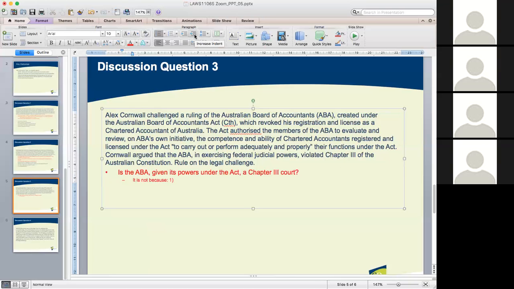Is it an actual controversy? And are they able to give a final binding decision? I'm not sure whether that's the case or not. But mainly, is it an actual controversy, or is it because the board made a decision in the first place, so it was instigated by them?